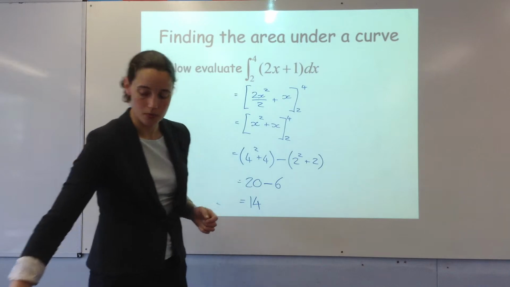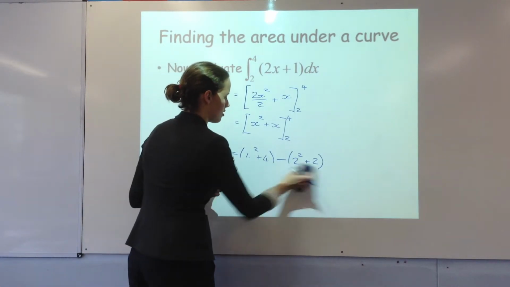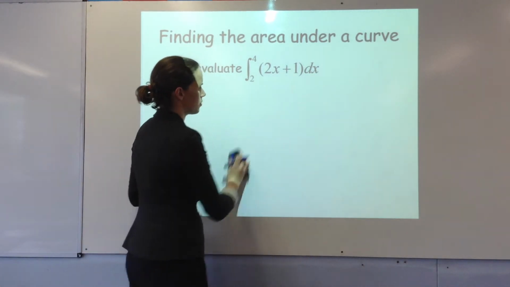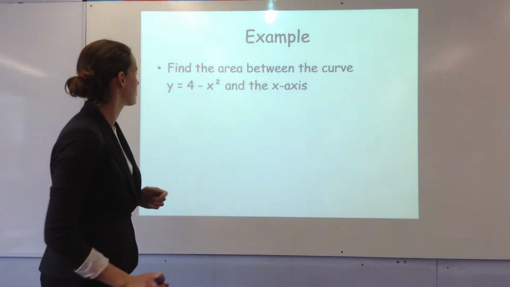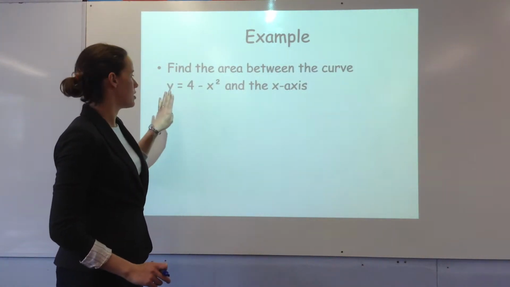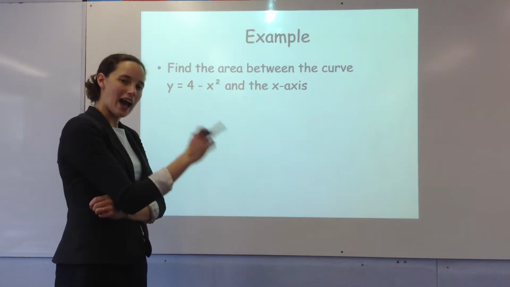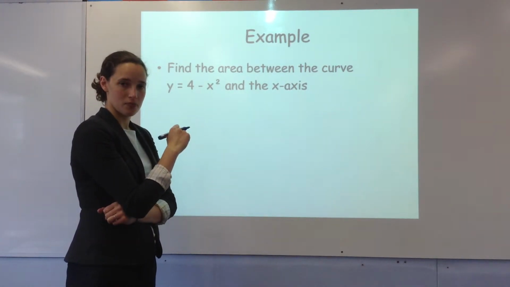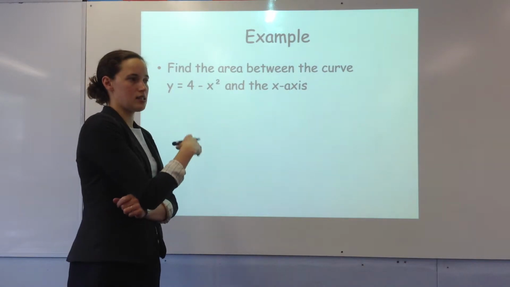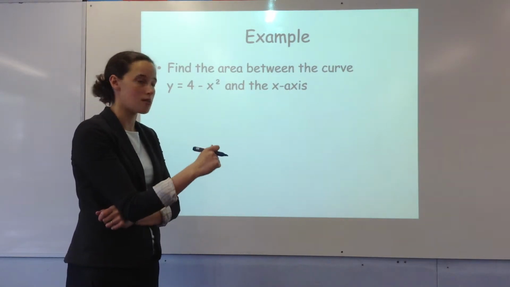So let's give you an example. And I'm going to pick, I believe, quite a difficult one. Okay, find the area between the curve and the x-axis. You'll notice that they haven't given us limits. They haven't told us between x is equal to 2 and x is equal to 4, for example.